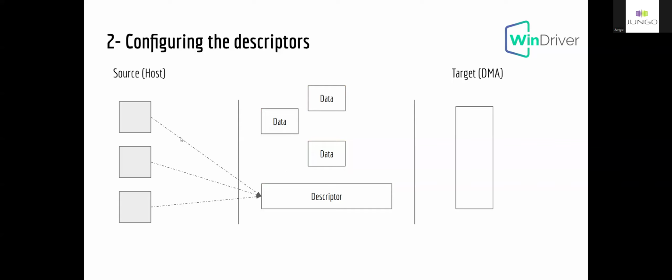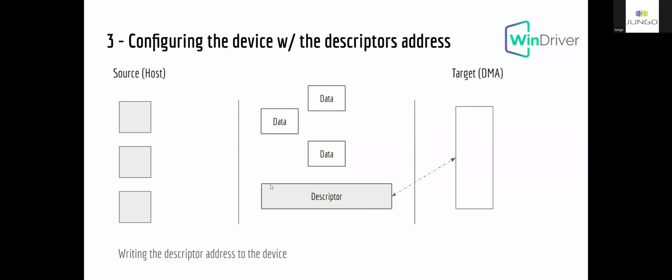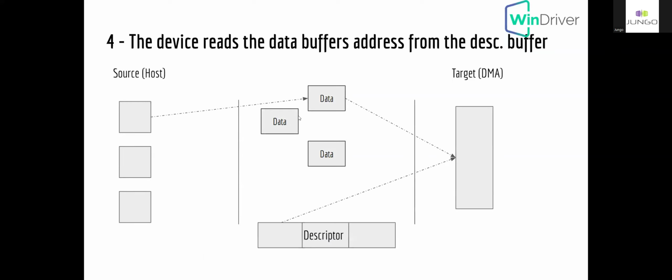Then we need to configure the descriptors, taking the information from the source and moving it to the buffer. Then we need to configure the device with the descriptor's address, writing the descriptor address to the device so it will know where to access the data buffers.